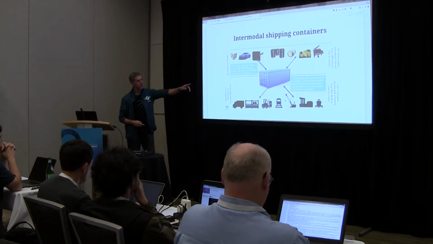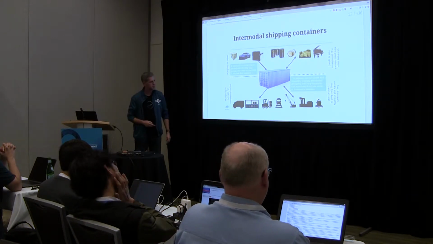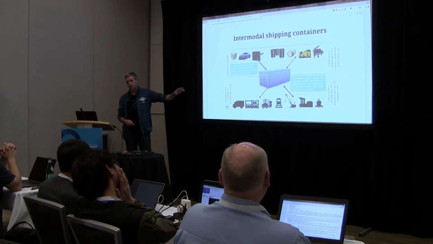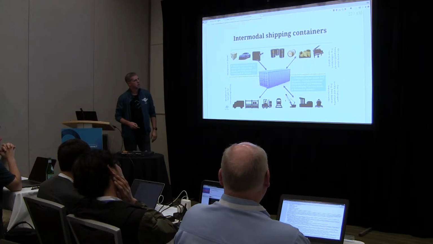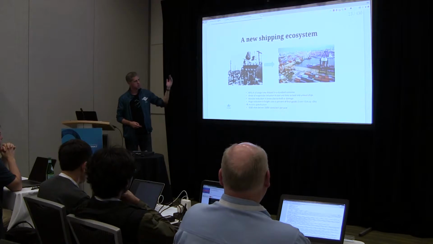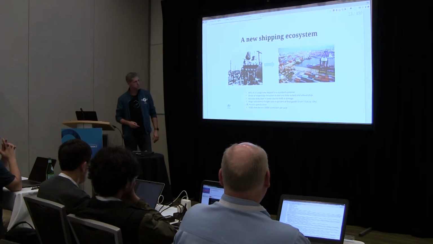They solved that with this creation of this standardized container. Everything goes in there, every tool in the system, every train car, every ship knows how to deal with that steel box. That concept has solved that challenge for the shipping industry.